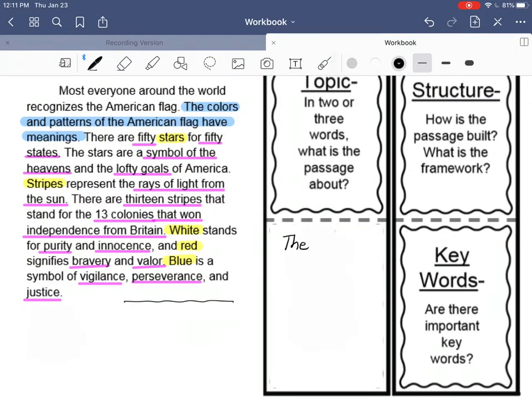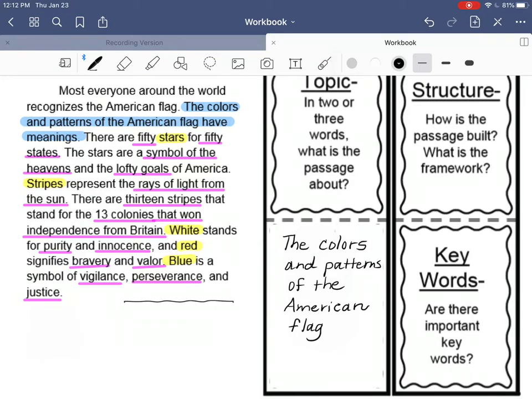So capitalize the colors and patterns of the American, and you always capitalize America. Always capitalize American flag.